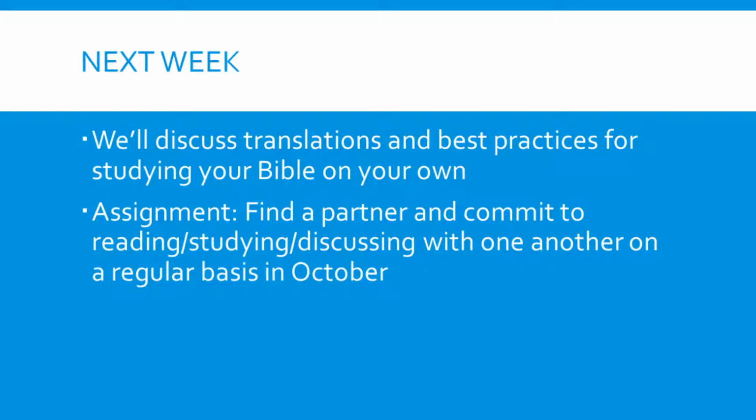Okay? So here's your assignment, and I can't check to see if you did this or not, but I'm going to encourage you to find a partner. Could be a friend, another church member, a sibling, a co-worker. Commit to reading and studying and discussing with one another on a regular basis in October. Whether you read together, or read separately and then talk later, or just shoot each other a message on accountability: hey, did you read this, or let's read this together.